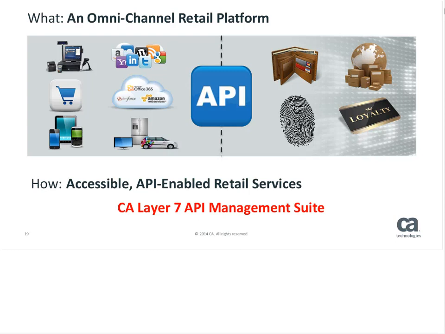So having the APIs exposed in a consistent way is really important. And that's really what we offer from a product line. We have a whole suite of products around API management that allow you to plug into your existing assets and expose them as APIs in a way that is friendly to all of these channels in retail.